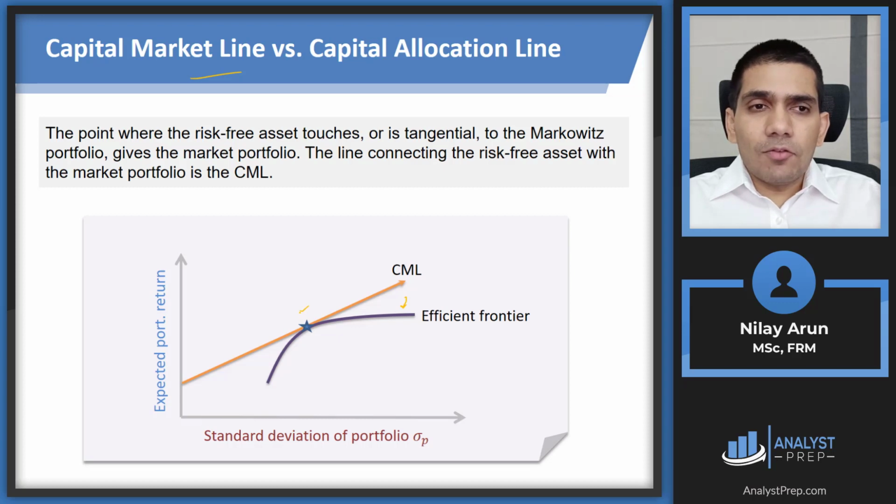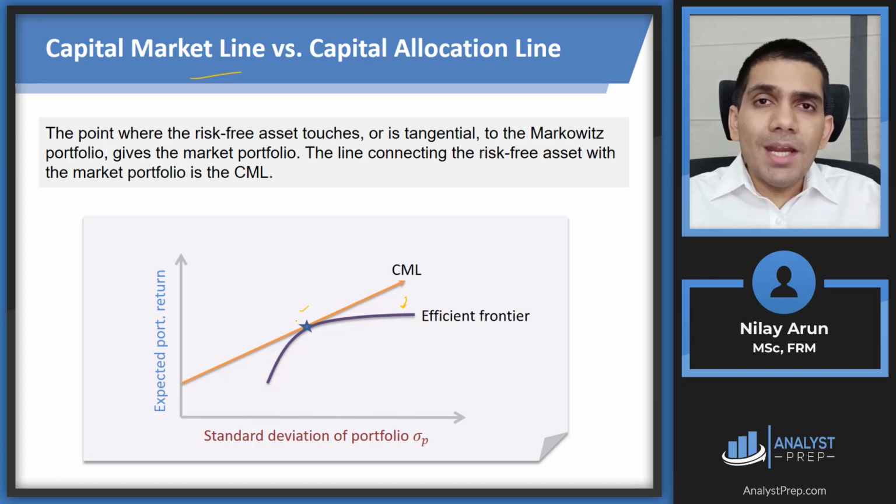Now, in real life, one of the drawbacks of the theory is that there is no true proxy for the market portfolio. Because if you look at any investor, their investments are not limited to only equities or only bonds. They would be investing in commodities as well. They might have got jewelry. They might have got real estate.